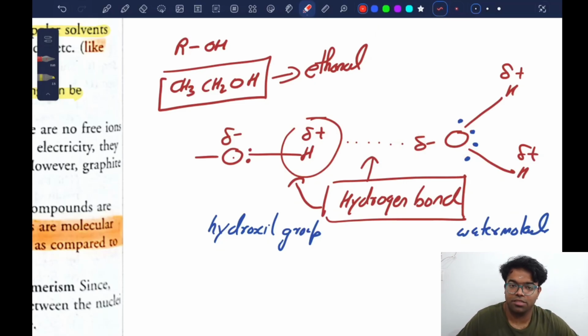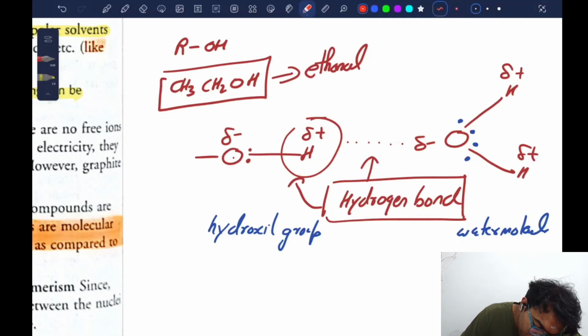More about this in the later classes. Understood? Any doubts? Were you able to clear your doubts here? So that is the reason. Because of the formation of a hydrogen bond, covalent molecules that can form a hydrogen bond can be dissolved in water.